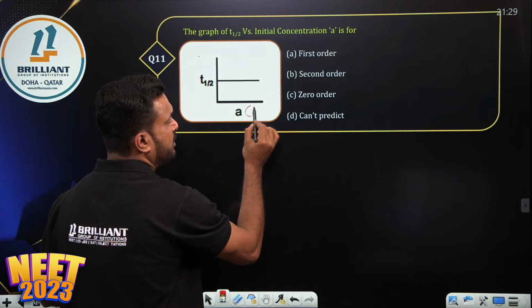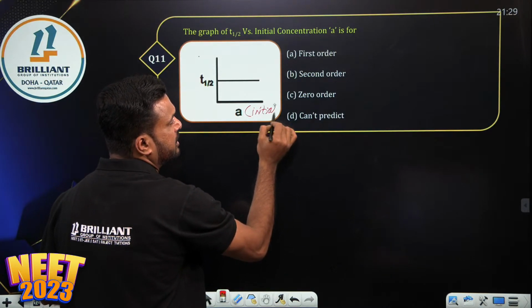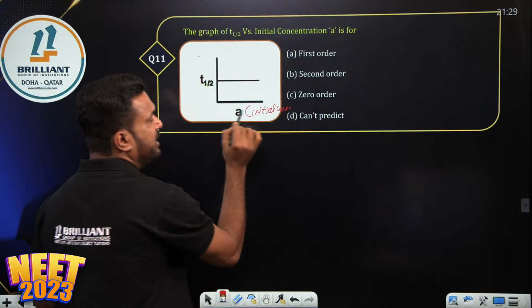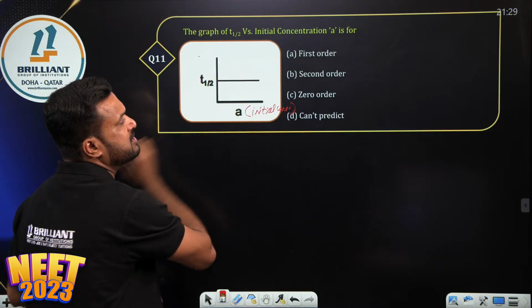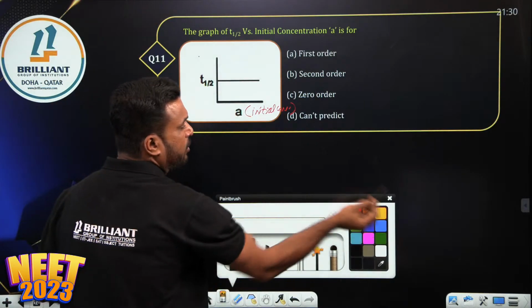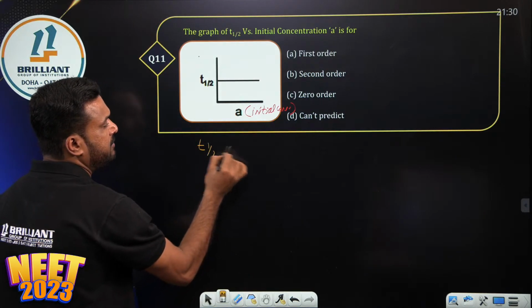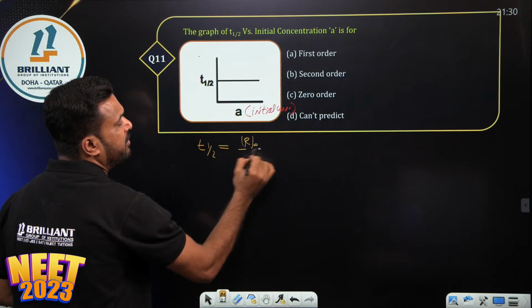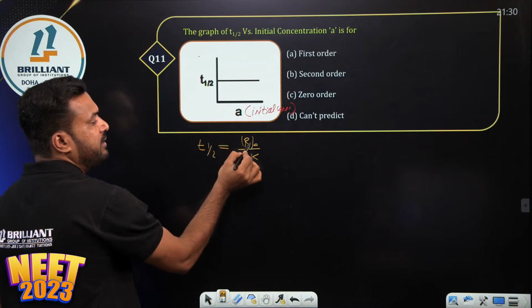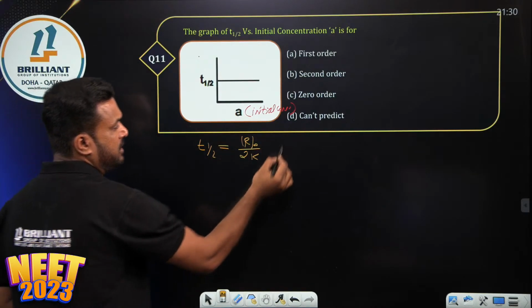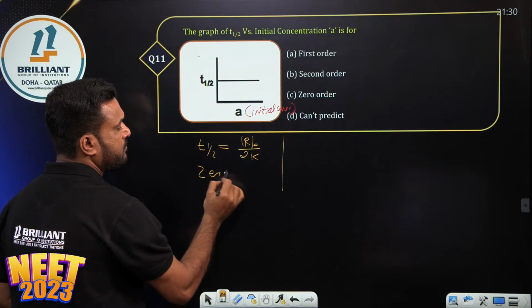For zero order, T half is equal to R0 divided by 2K, which means when initial concentration increases, T half increases.